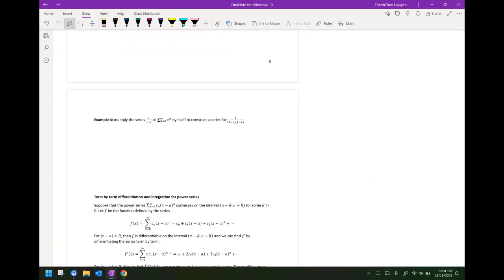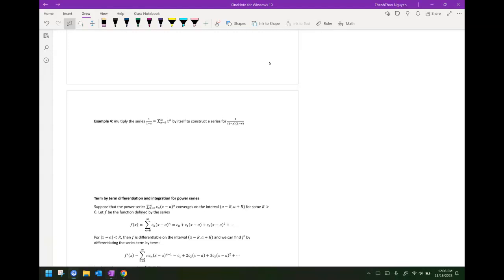So what do I mean here by multiply the series 1 over 1 minus x, equal to the sum from n equals 0 of x to the n, by itself to construct a series for 1 over 1 minus x times 1 minus x?